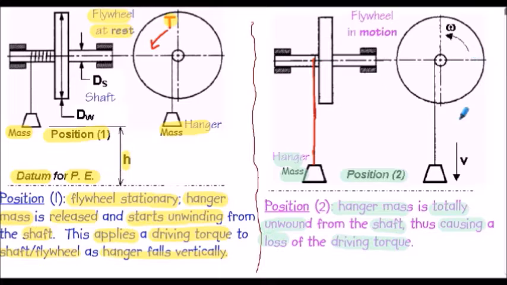However, at this point the flywheel is in motion, has an angular velocity omega, and at the point of release the hanger mass has a maximum vertically downward linear velocity labelled V here. So that's how we will apply energy balance to this experiment, considering the initial energies and any work in at position 1 and the final energies and any work out at position 2.